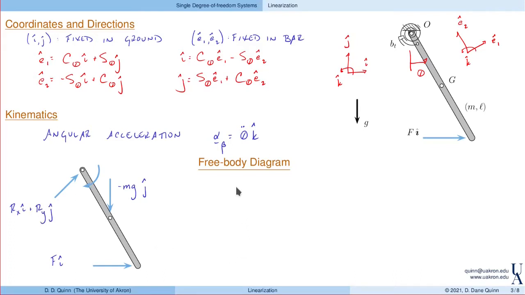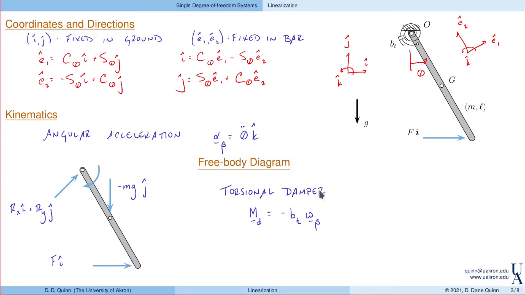And then finally, the torsional damper produces a moment. And this moment, as you might expect, is proportional to the angular velocity of the bar. So this moment due to the damper is equal to minus bt times the angular velocity of the bar.